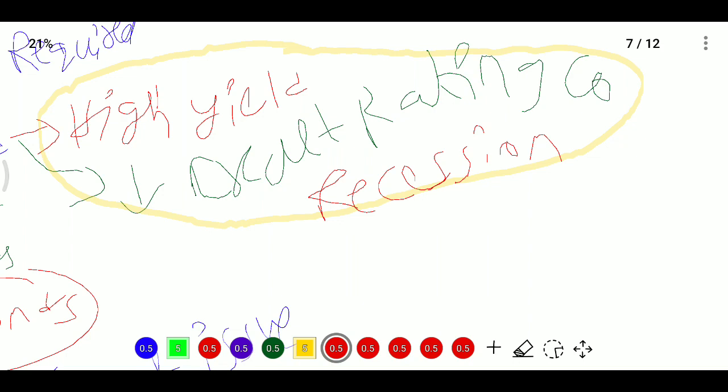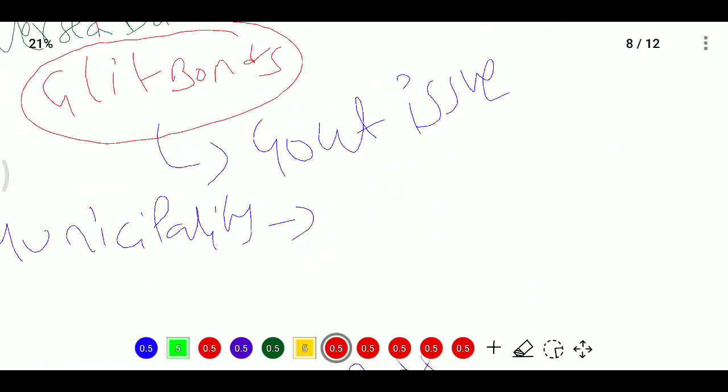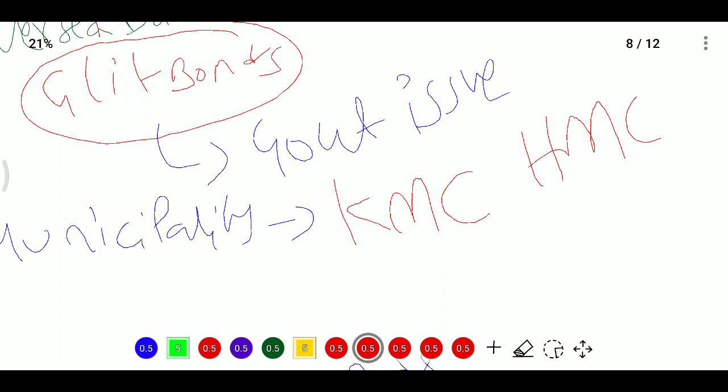Next, gilt bonds, or corporate bonds, or municipal bonds. If the government issues the bonds, they are called gilt bonds. For example, if a municipal corporation like KMC, Hyderabad Municipal Corporation, Bangalore, Mumbai or Chennai Municipal Corporation issues the bonds, they will be municipal bonds.